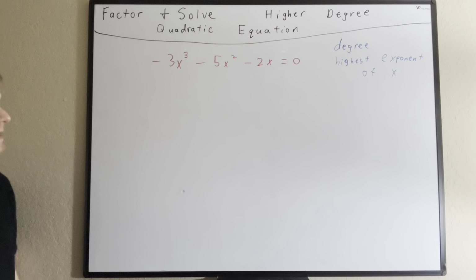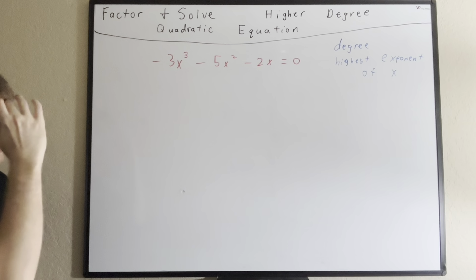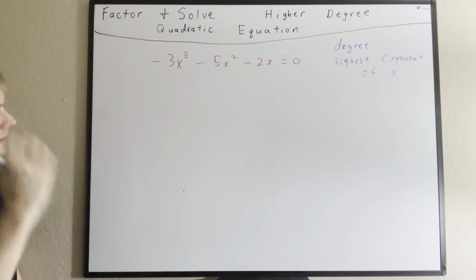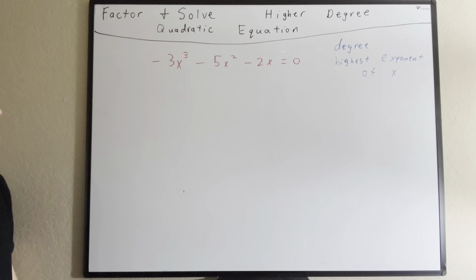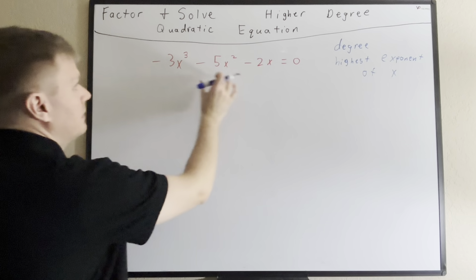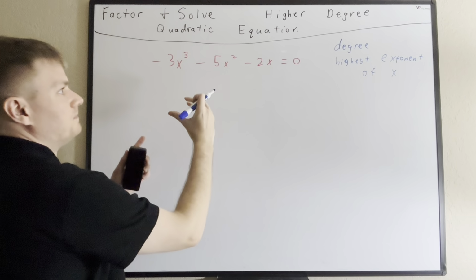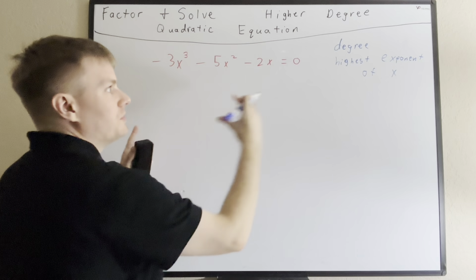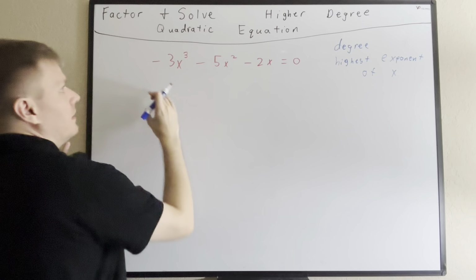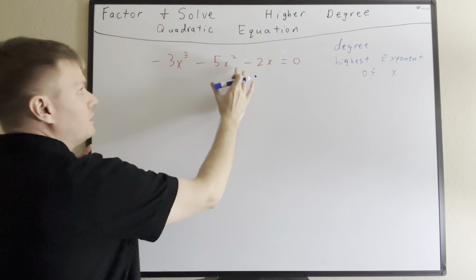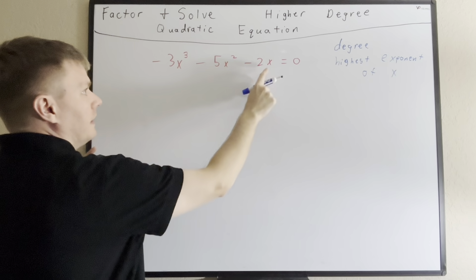And we've got to use pretty much all of our factoring knowledge to pull this off. First of all, we can't just do our normal quadratic factoring with it like this, with the x cubed and an x there.